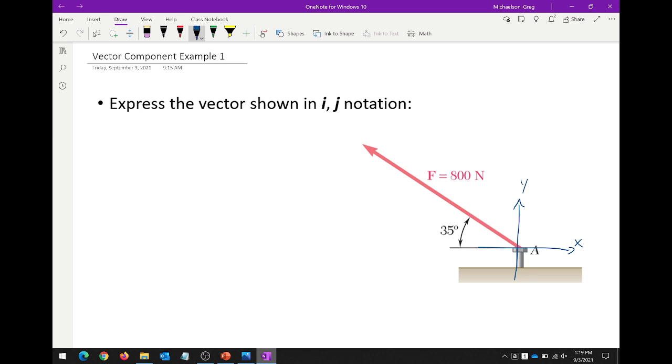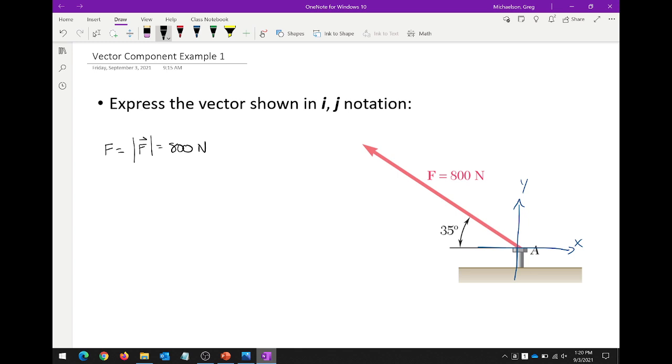Okay. So we know that F, the magnitude of this F vector, is 800 newtons.